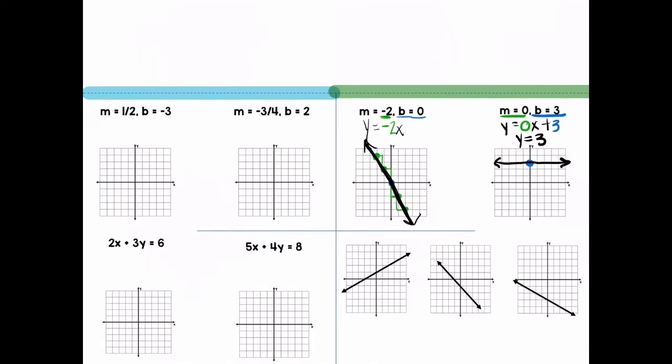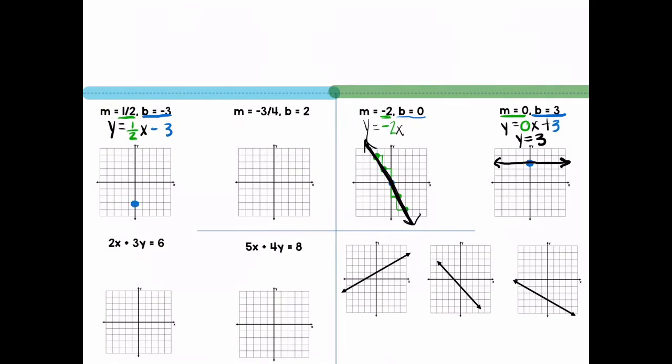Okay, so now m is 1/2, b is -3. So my equation is y equals 1/2 x minus 3. Negative 3 is the y-intercept, so 1, 2, 3, -3.